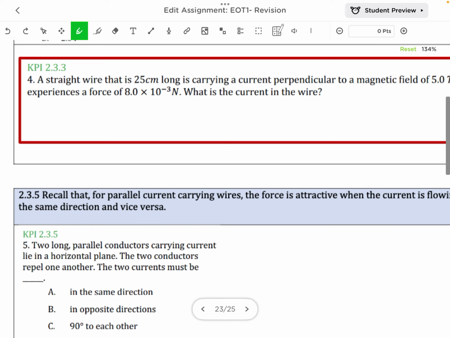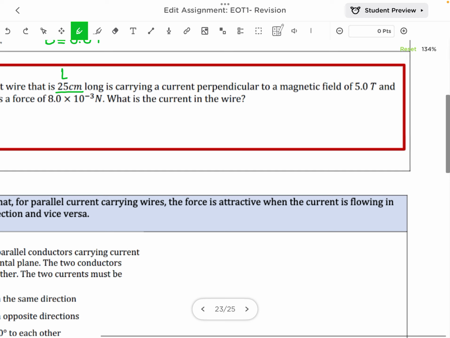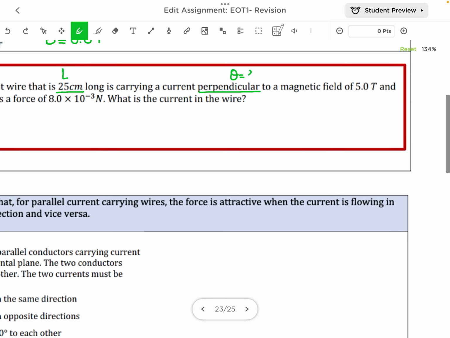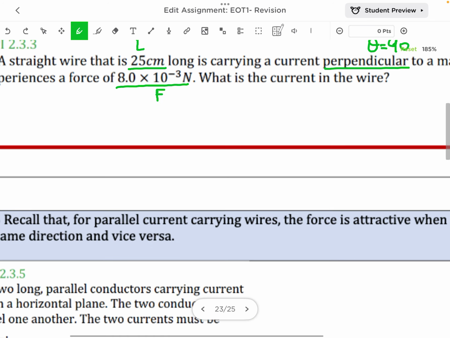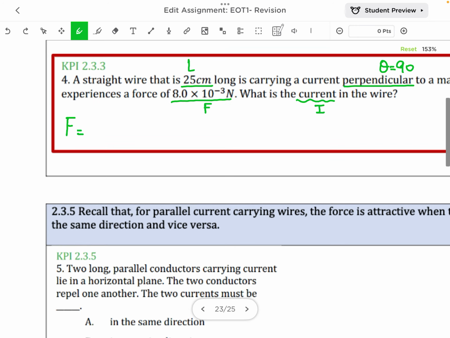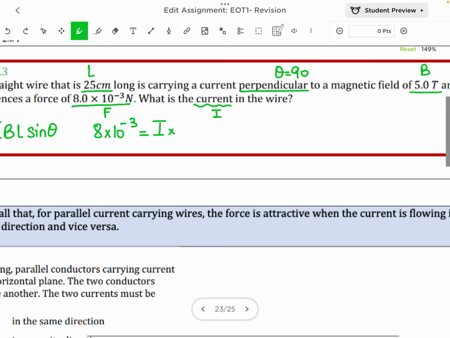We have a straight wire that is 25 centimeters long. Again, that's the length, carrying a current perpendicular to a magnetic field of 5 Tesla, and experiences a force of 8 10 to the power of negative 3. What is the current I? So again, the force is I B L sine theta, so 8 10 to the power of negative 3 equals I, I keep it as an unknown, times 5 Tesla.